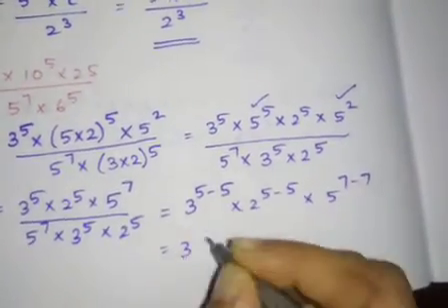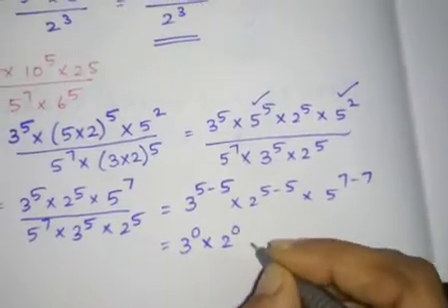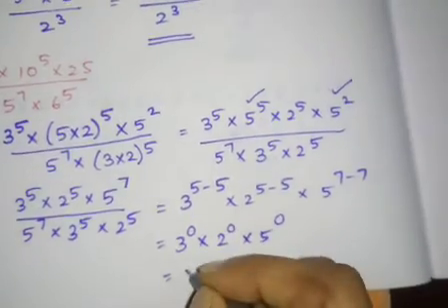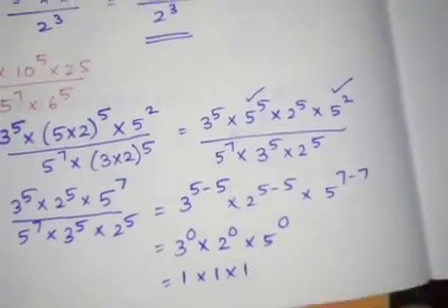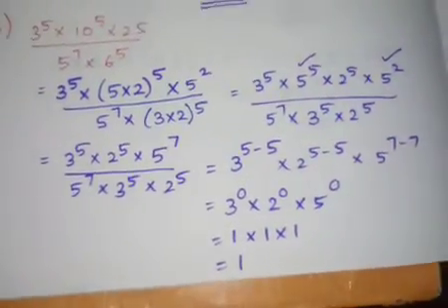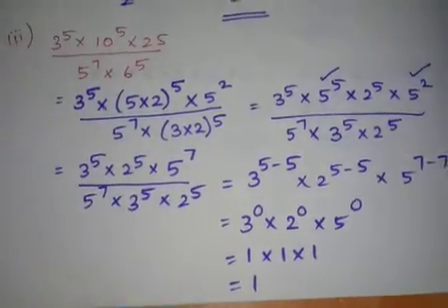So 3 power 5 minus 5 is 0, into 2 power 5 minus 5 is 0, into 5 power 7 minus 7 is 0. 3 power 0 is 1, into 2 power 0 is 1, into 5 power 0 is 1. 1 into 1 into 1 is 1. So the answer is 1. You should do this calculation very carefully, but it is very easy.